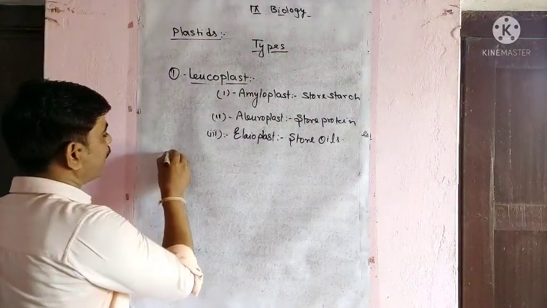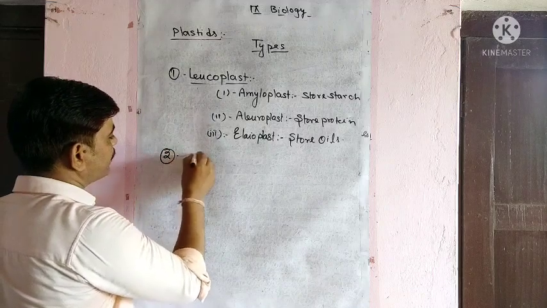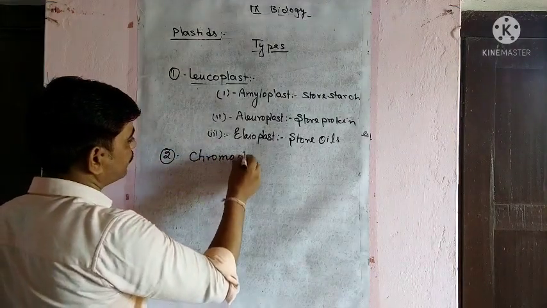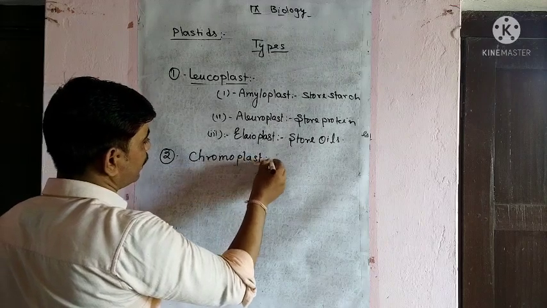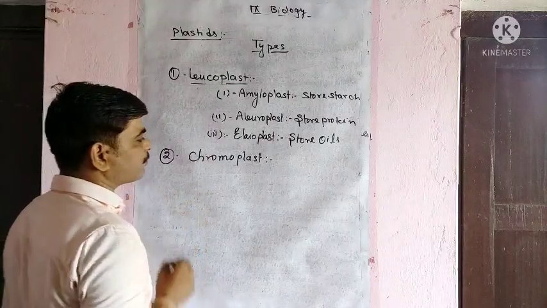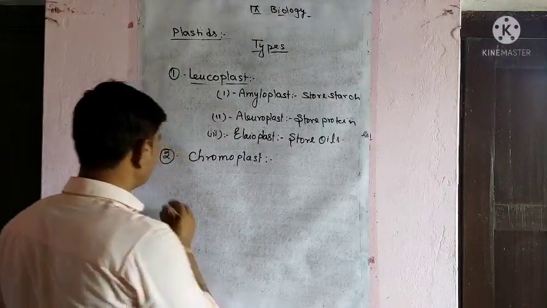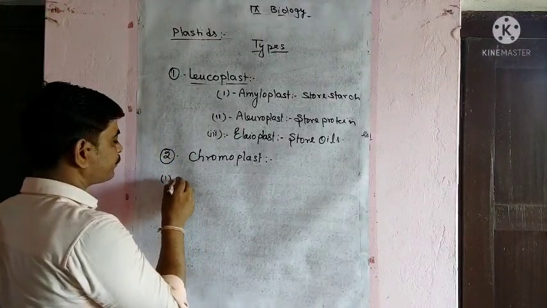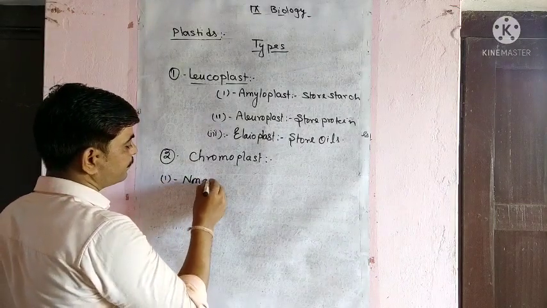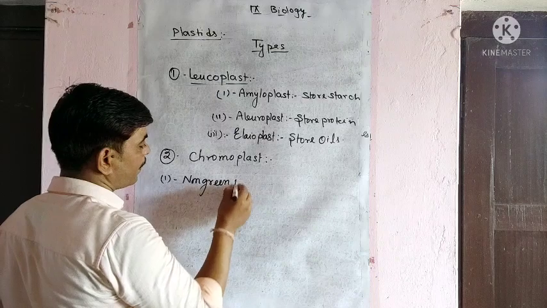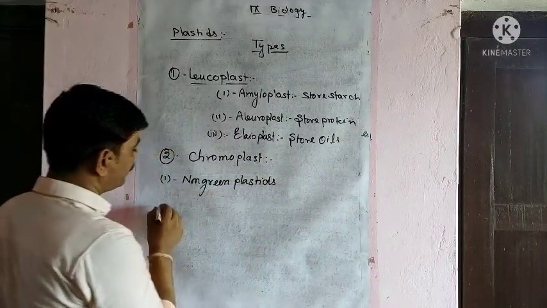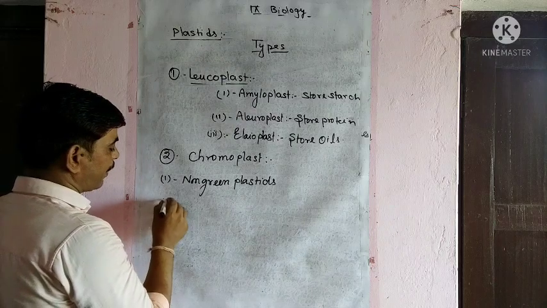Now, the second type of plastid is called the chromoplast. These are exposed to sunlight, and they are also further divided into two categories: non-green plastids and green plastids.